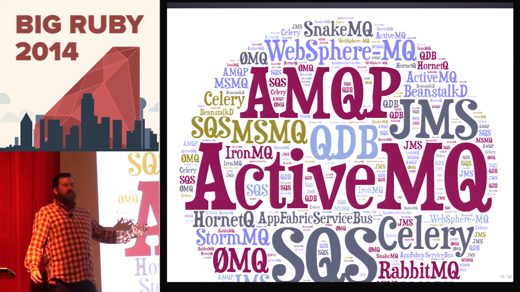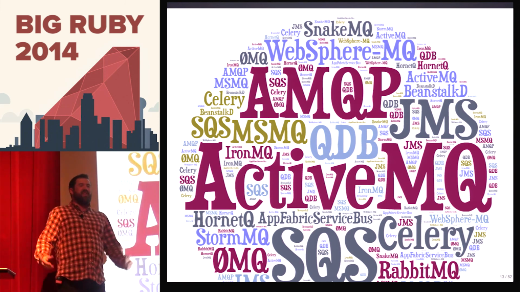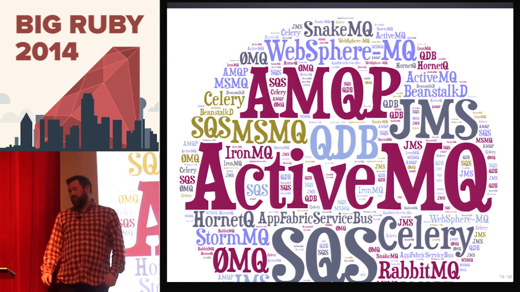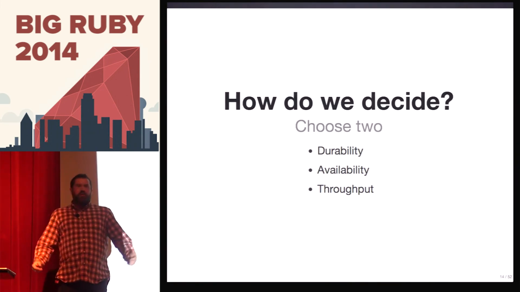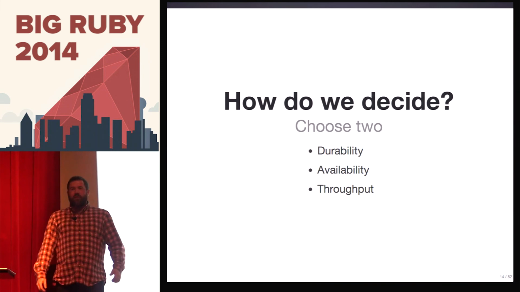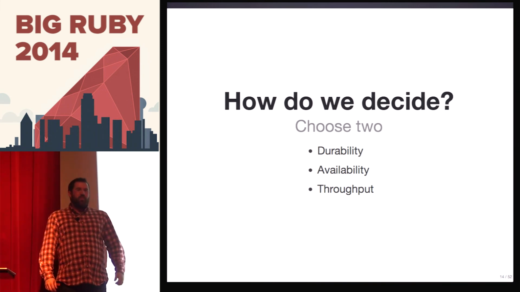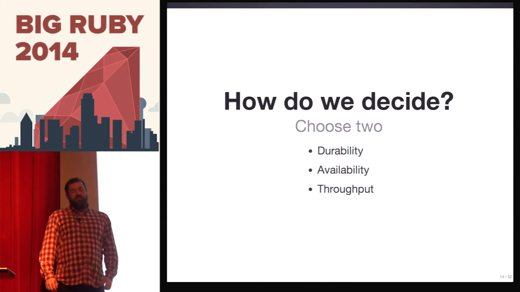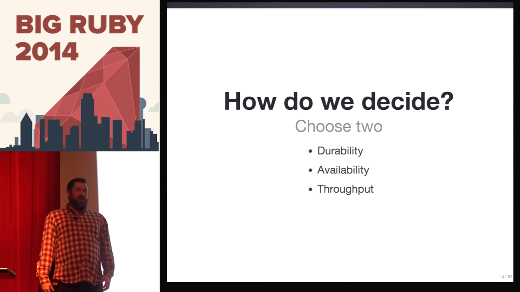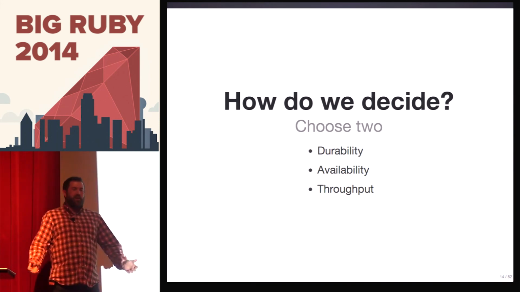But there's just a ton of choices. How do we even figure out which of these things is useful and meaningful to us? So we decide the same way we decide with every problem in computer science, right? We get 3 choices and we only get to pick 2 of them. Great. We do this every time, but here we go again.